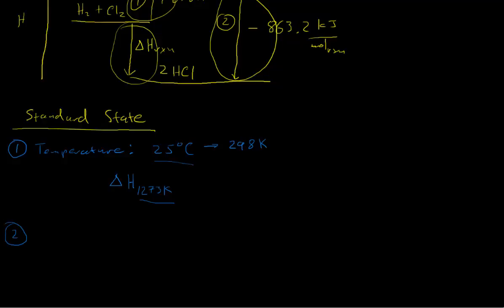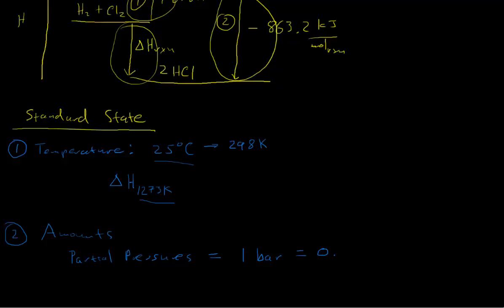Then we also agree upon standard state amounts of reactants. So we're doing this for certain amounts of reactant. And in this case, we want all partial pressures to be equal to 1 bar of pressure. So 1 bar of pressure is really close to 1 atmosphere of pressure.